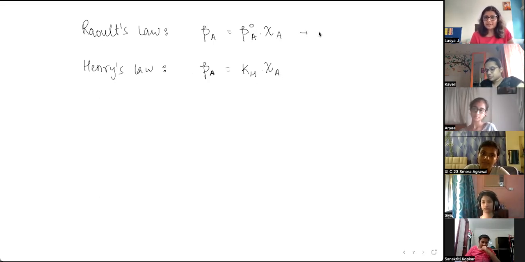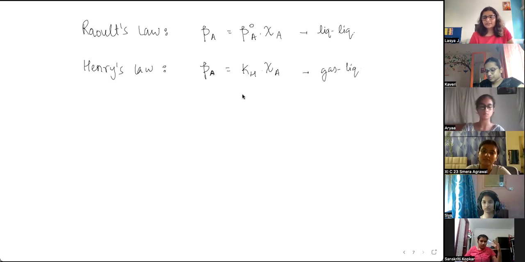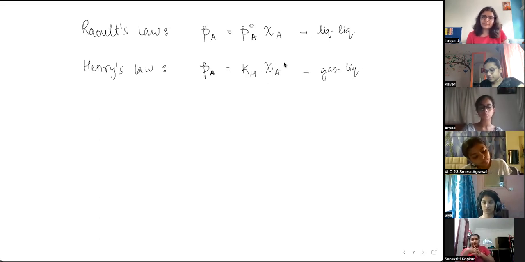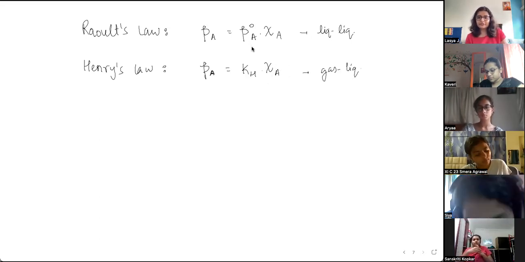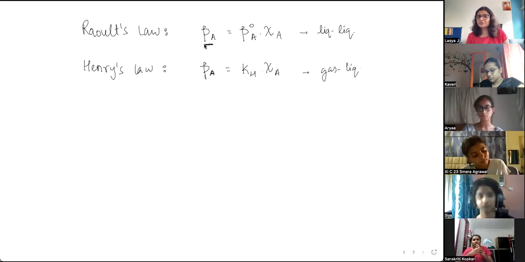So Raoult's law is applicable to liquid solutions, and this is applicable to gas in liquid solutions. So mathematically, both are very, very similar to each other. They just differ concept-wise because this is applied to liquid. That's why vapor pressure comes into picture.